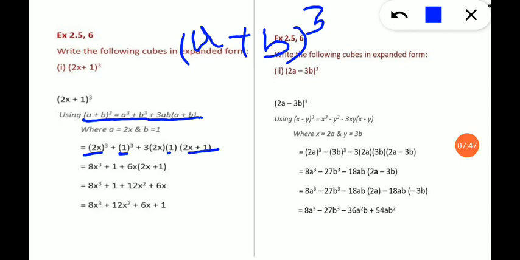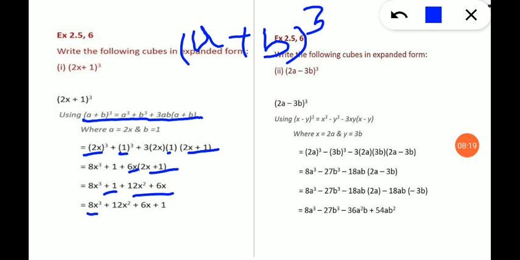The 2x cube will become 8x cube, 1 cube will become 1, 3 into 2x into 1, 6x into 2x plus 1. Now we will multiply 6x and 2x plus 1 also. So we will get 12x square plus 6x. After that, if you want to change into the standard form, then also you can write the polynomial in the standard form.